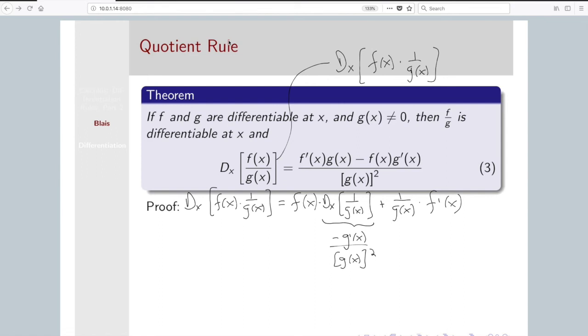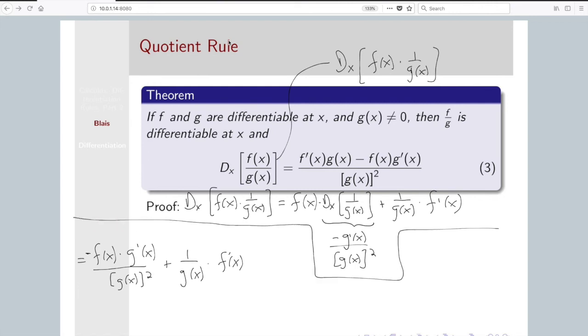So we get f of x times g prime of x, with a minus sign, over g of x squared, plus 1 over g of x times f prime of x. And what we notice here is that we have an extra g of x term in the denominator.